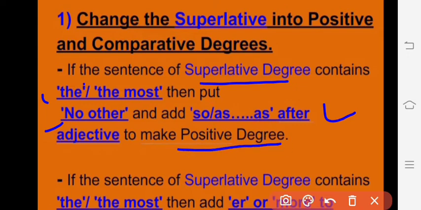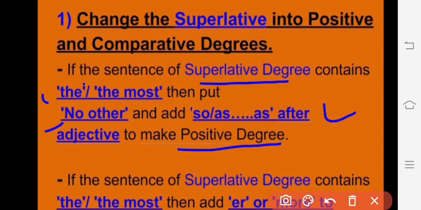Means if the and the most are given in the sentence, and you want to convert the superlative degree into positive, apply no other and so as or as after the adjective.